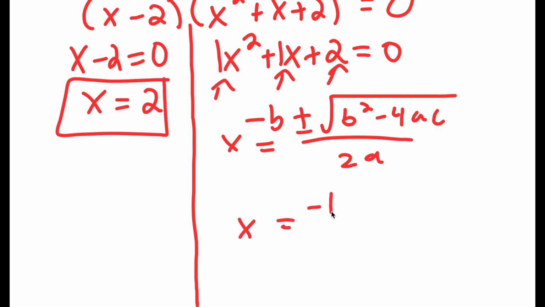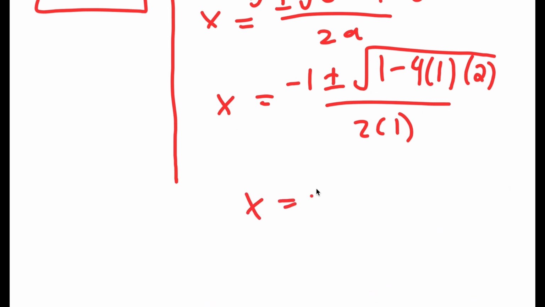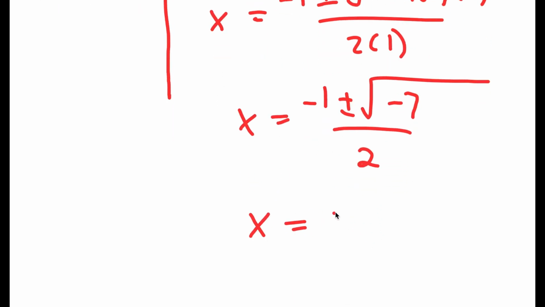So I get x is equal to negative 1 plus or minus the square root of 1 squared, which is simply 1 minus 4 times a, which is 1 times c, which is 2, all over 2a. And this is equal to negative 1 plus or minus the square root of 1 minus 8, which is negative 7, all over 2. And this is actually equal to negative 1 plus or minus the square root of 7 times the square root of negative 1 over 2.